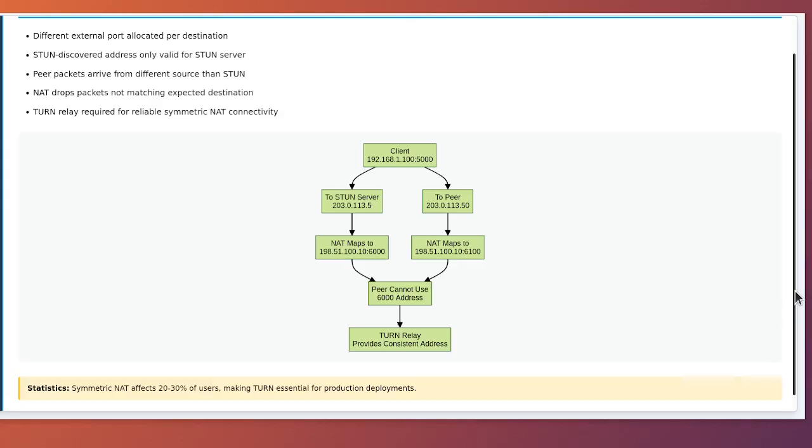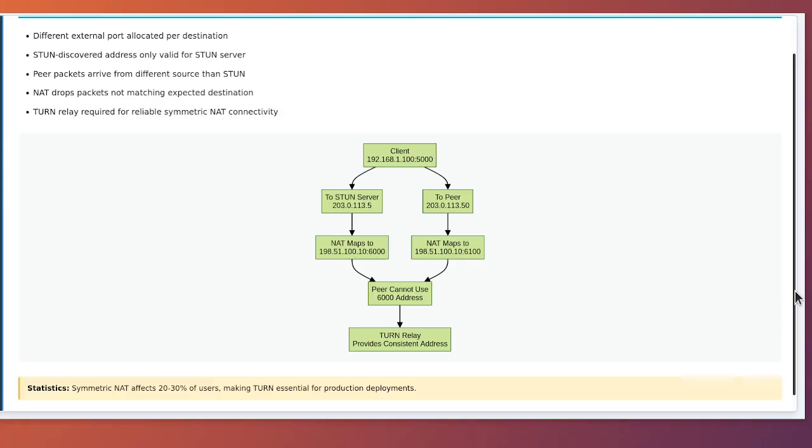Your NAT assigns external port 6000 for this destination, so the STUN server sees your packet coming from 198.51.100.10:6000. The server responds telling you this reflexive address. You share this address with your peer through signaling, thinking the peer can reach you at 198.51.100.10:6000. But here's the problem.